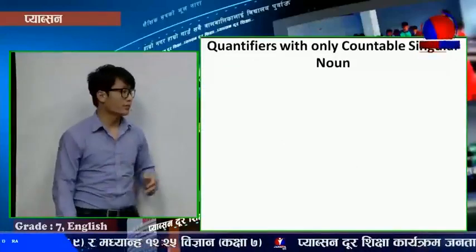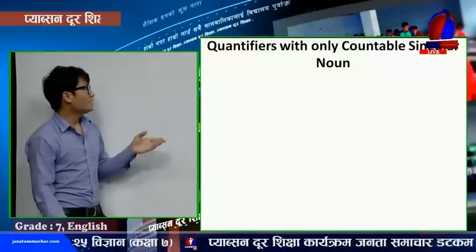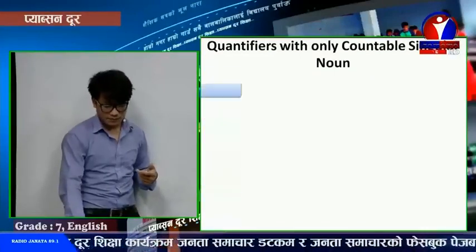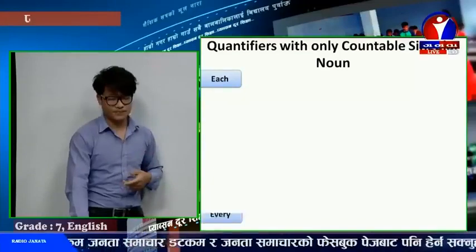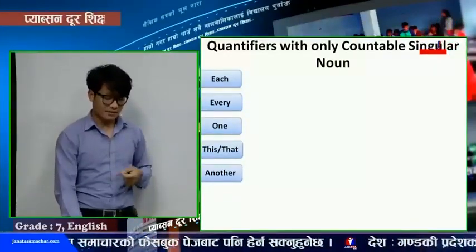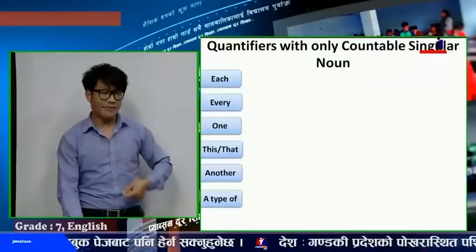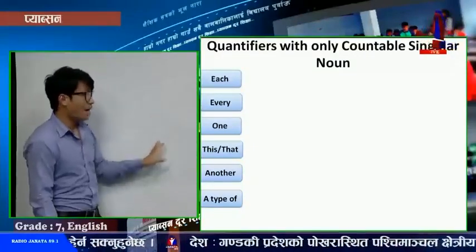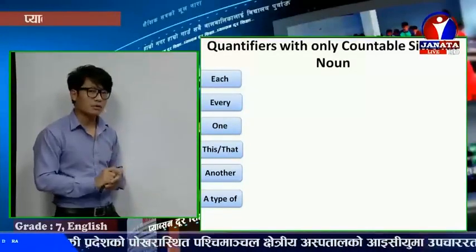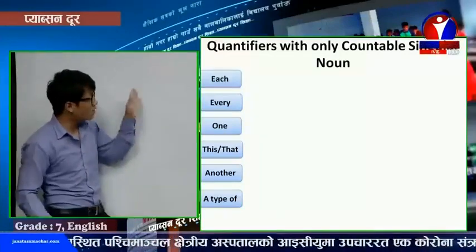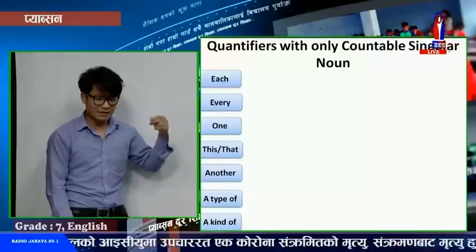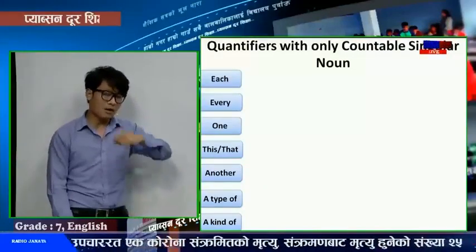Now let me show you other quantifiers. Here you can see quantifiers with only countable singular nouns, like each, every, one, this, that, another, a type of, a kind of.